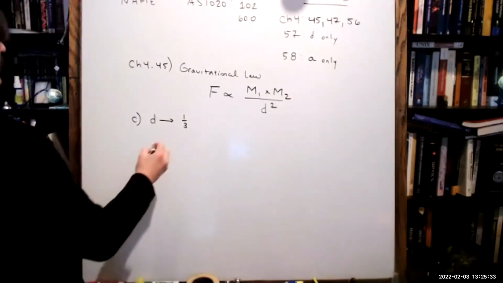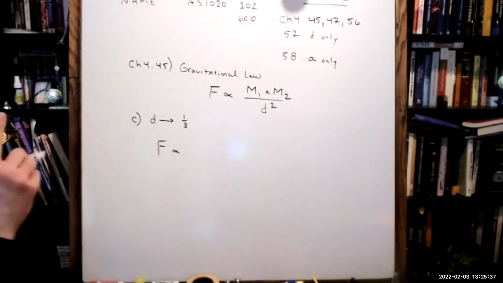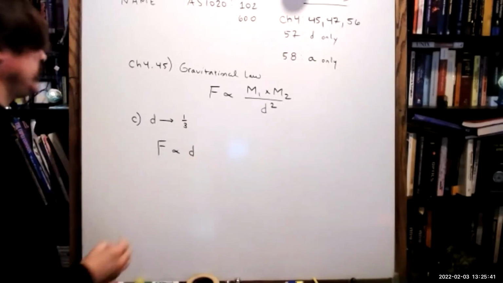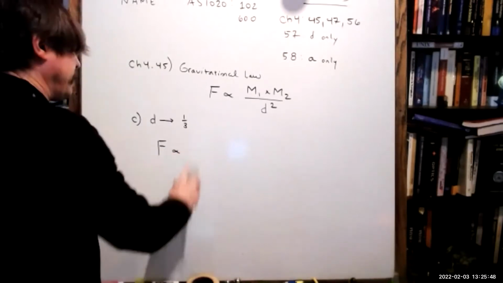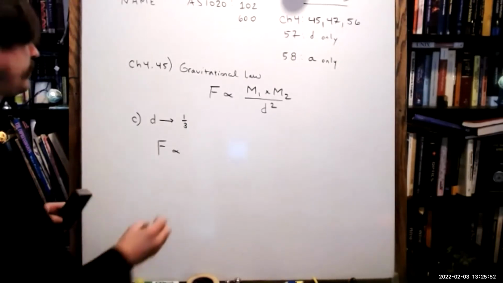Force is proportional to what? Distance? No, force is not proportional to distance. If you say force is proportional to distance, that's what that means. Clearly, that's not the relationship between distance and force. Try again. 1/distance squared. That's better.